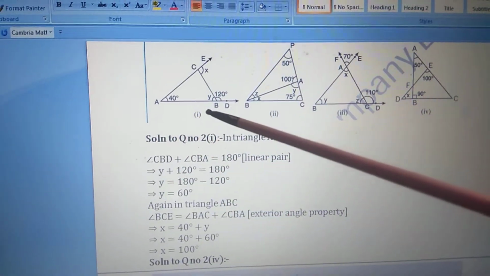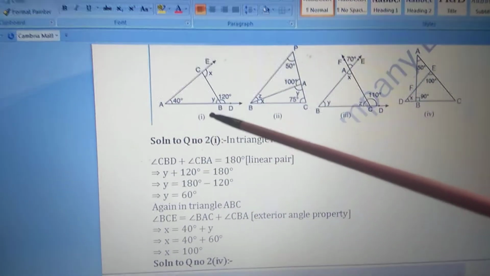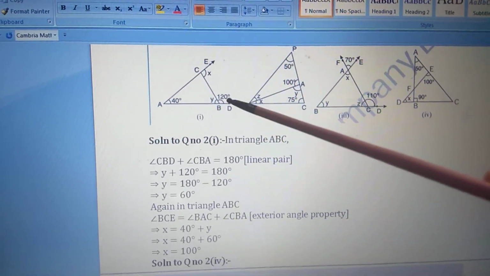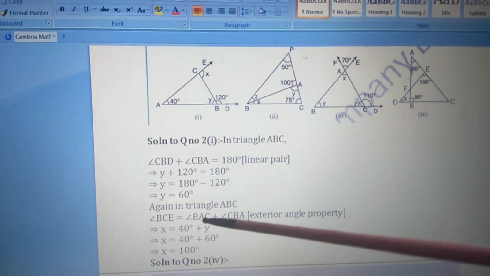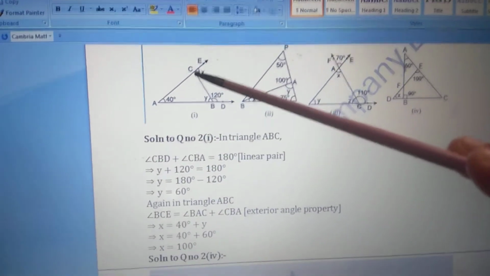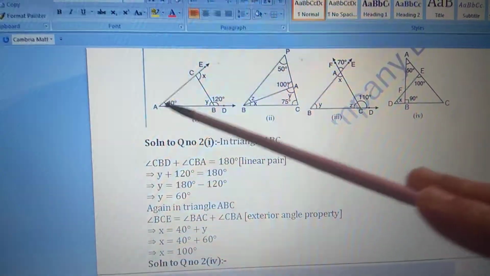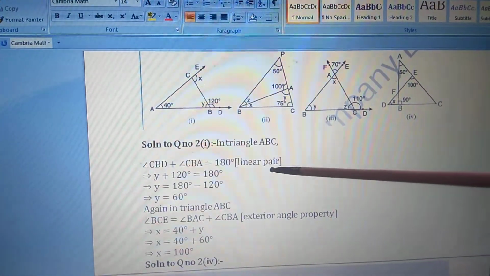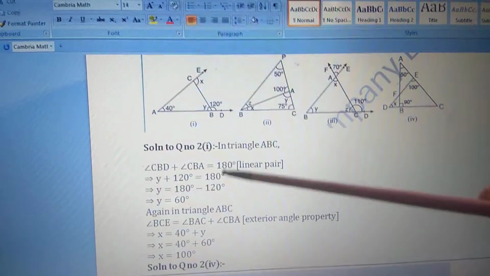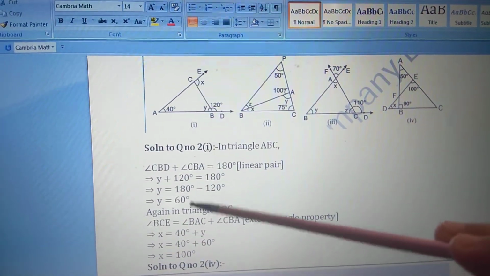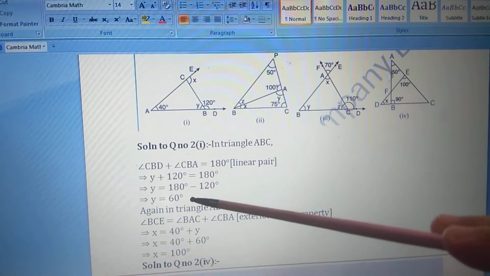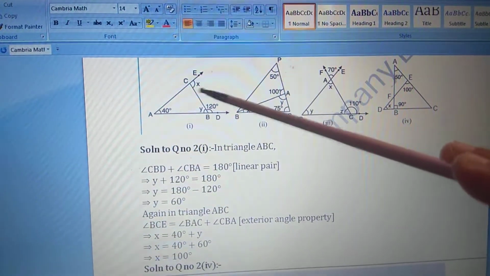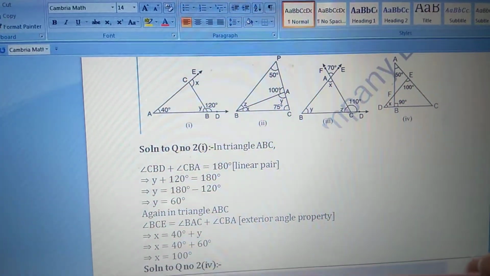If you recall the laws and properties of lines and angles, Y and 120 degrees form a linear pair. So angle CBA and angle CBD are a linear pair, and their sum is 180 degrees. By calculating, we get the value of Y as 60 degrees. Now look at X. X is exterior, and Y and 40 are interior.